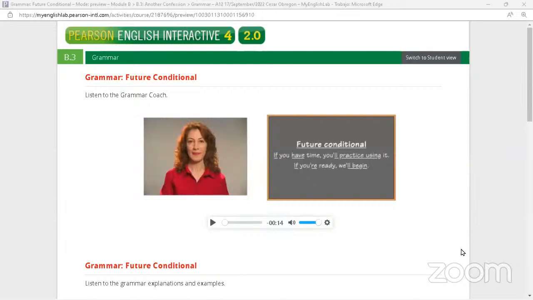Why is it called future conditional? For example, if you have time, you'll practice using it. If you're ready, we'll begin. We use words such as if, and future, will, or going to. But let's talk about this in detail.